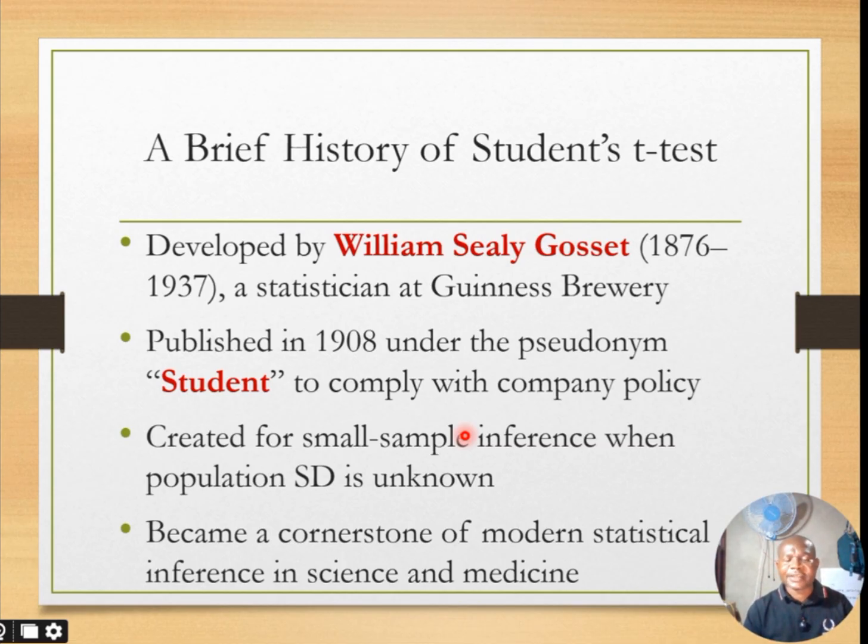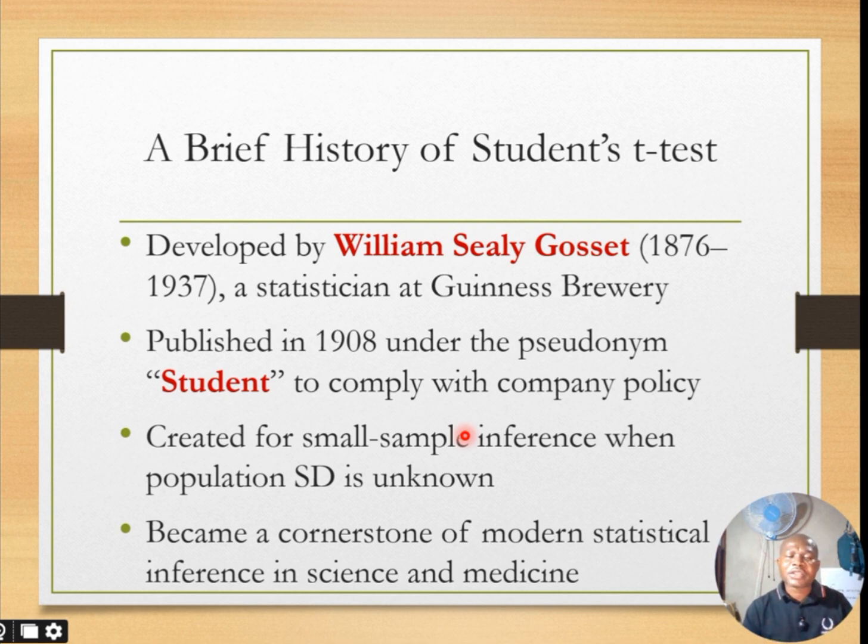But this particular test is most suitable for a large sample size. Meanwhile, the test the statistician wanted to conduct, Gosset, was something very small. So he needed something that would be able to manage a small sample size. And that is when he invented the concept of the student t-test.